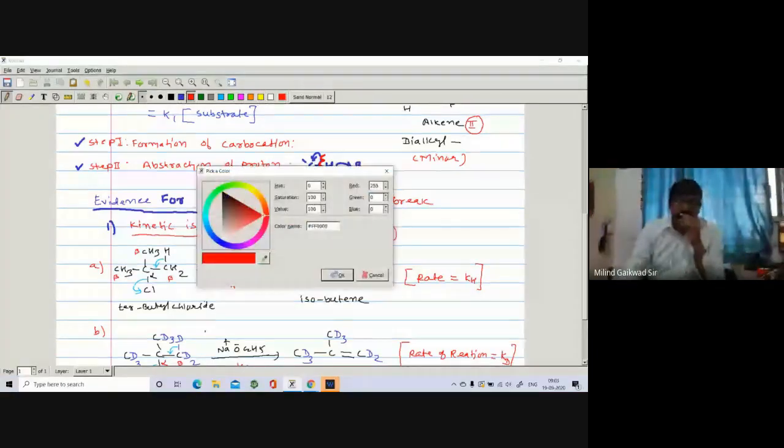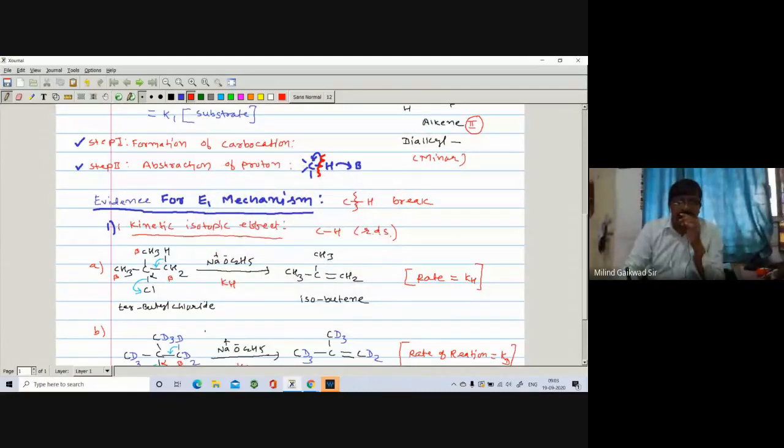In this case, there is no kinetic isotope effect. So it gives evidence that CH bond breaking does not occur in the RDS step. So there is one evidence.